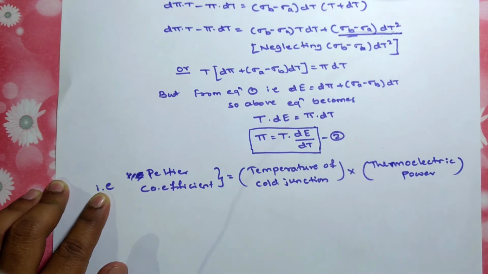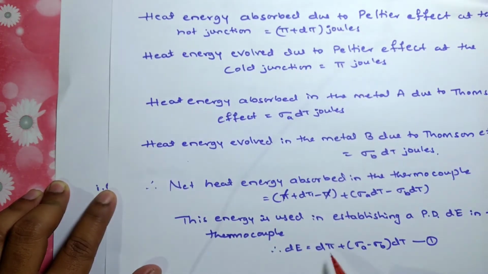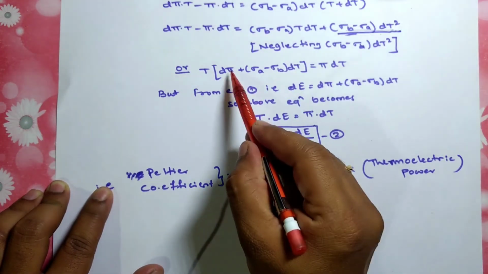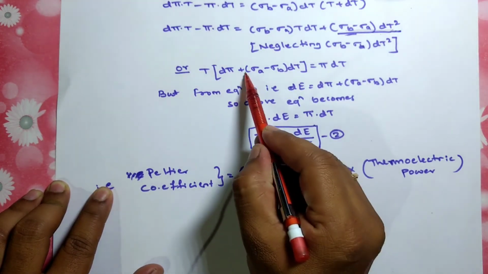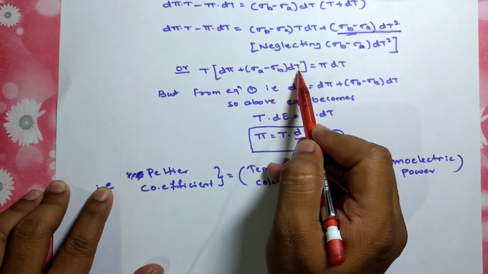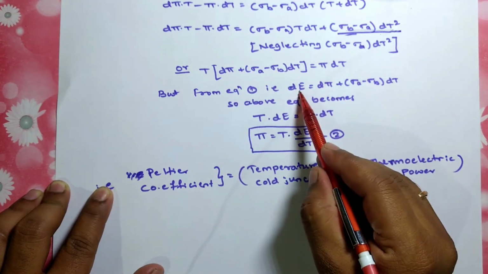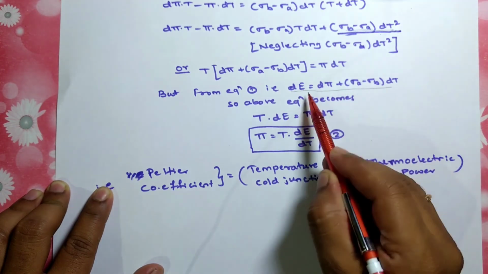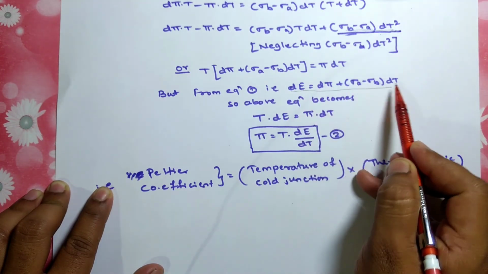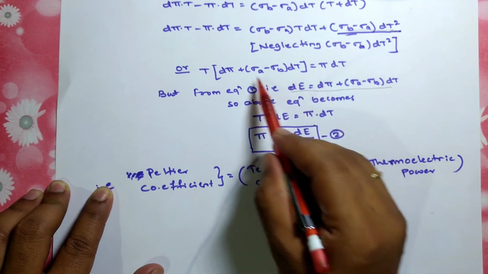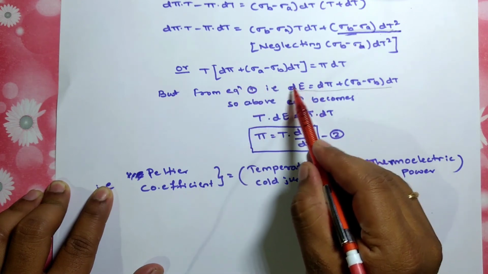Equation 1 is dE equal to d pi plus (sigma A minus sigma B) dt. This is nothing but dE, comparing with equation number 1 that I have written here. I am going to replace this term with dE.